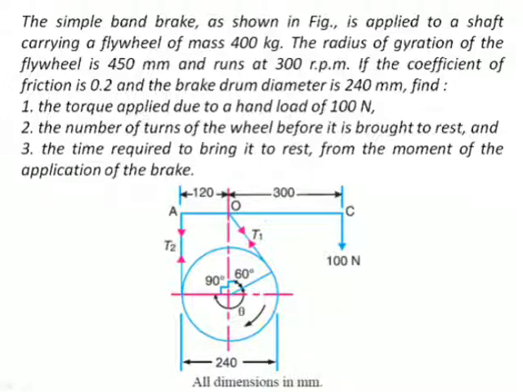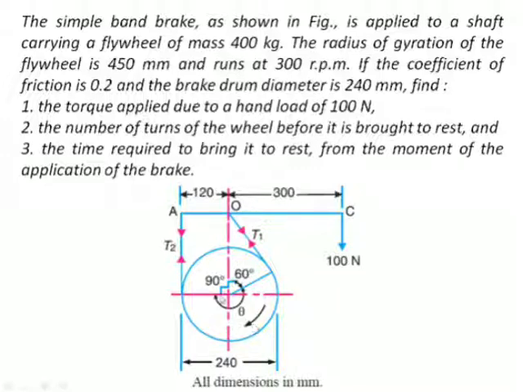So here you have the distance 120, that is normally our distance b. Then we have this complete distance OC from the fulcrum O to the operating force 100 newtons, and then the angles are given over here and the total diameter is 240 mm.